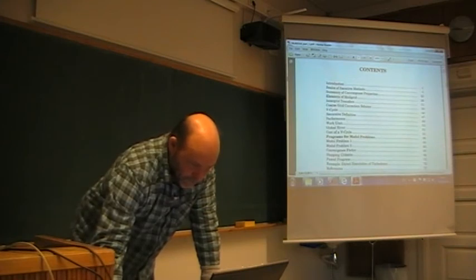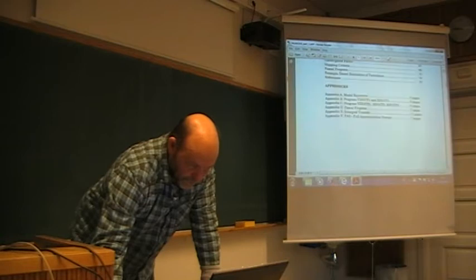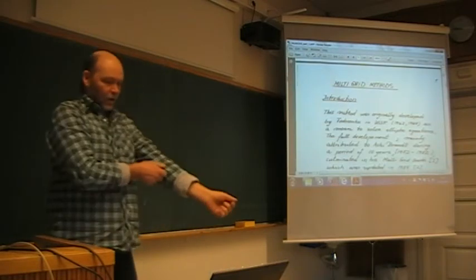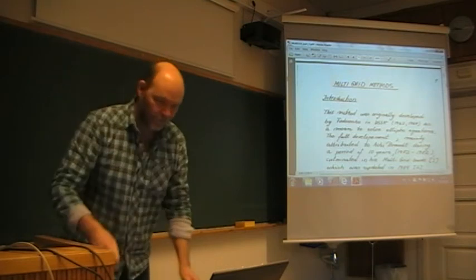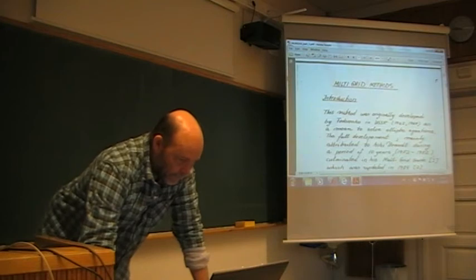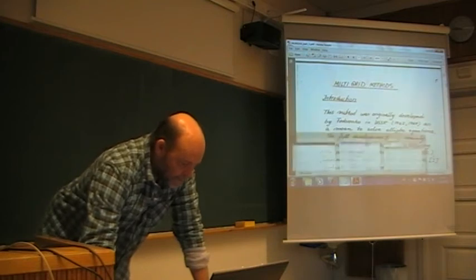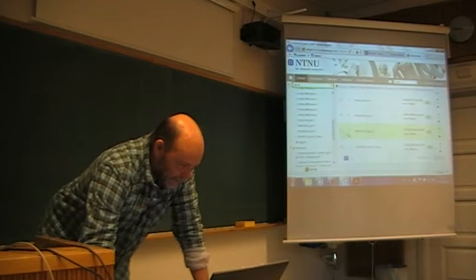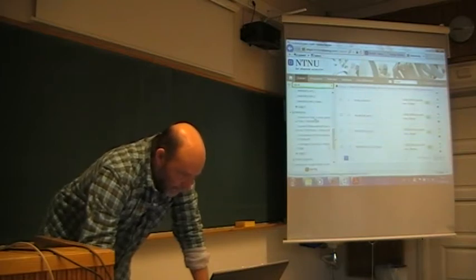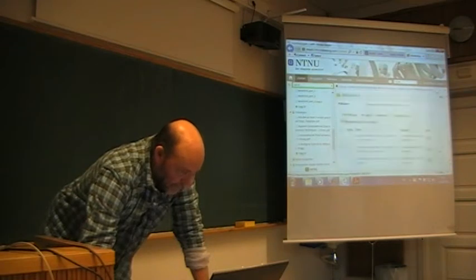The material you have been given here is handwritten by Ørset, a colleague of mine. Some years ago he was interested in this, and it's a fairly nice overview of multigrid. It's based mainly on this book by William Briggs, and you have this book in the reference list.